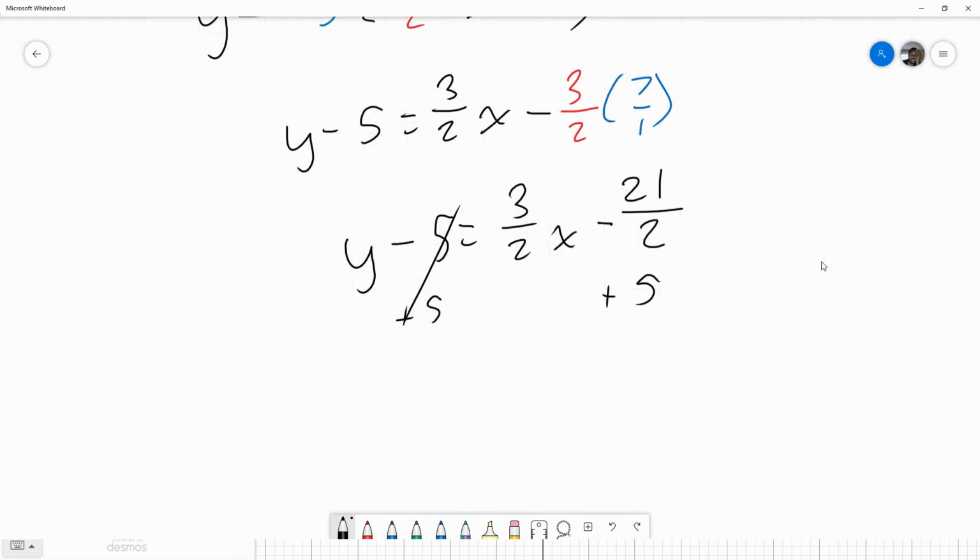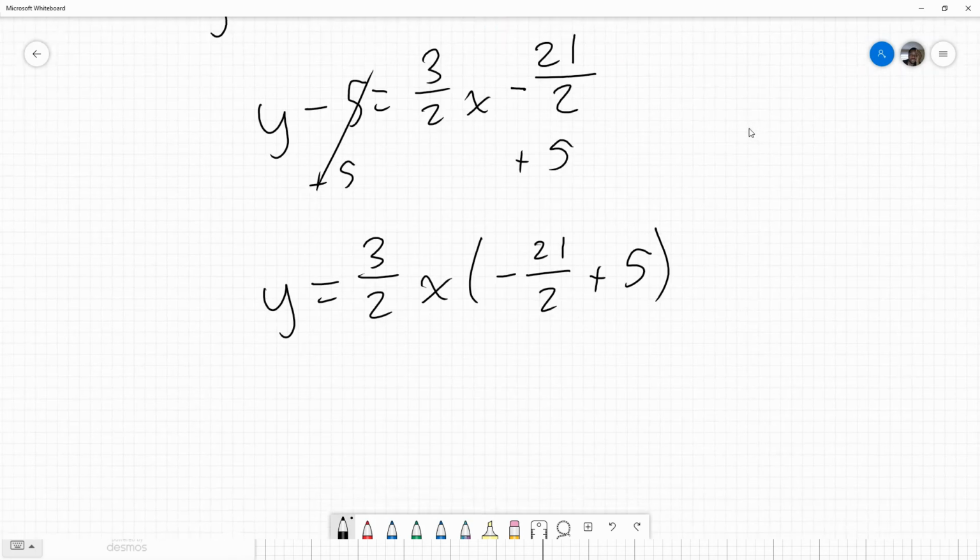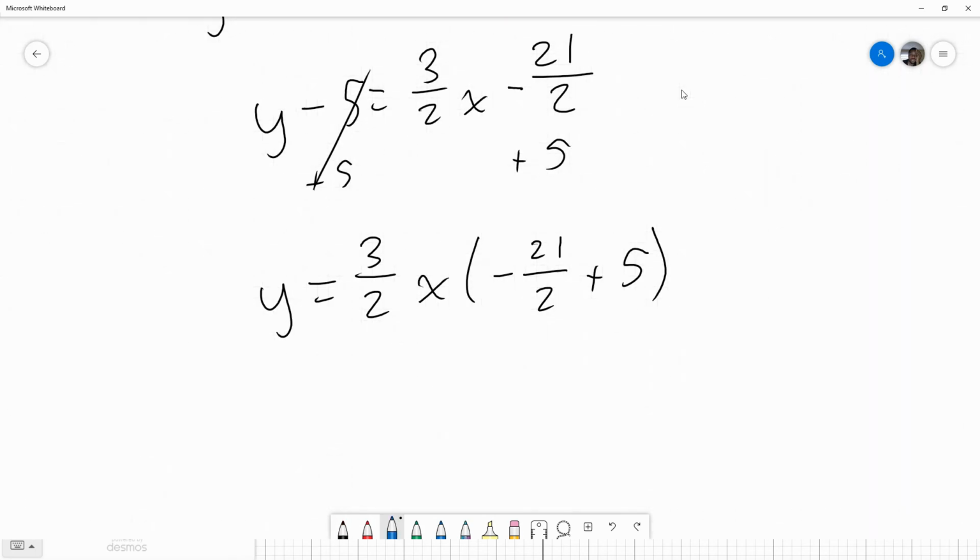So I have y equals 3/2 x. Now, I have a negative 21/2 plus 5. In order to do this properly, I need to go ahead and convert my 5 into halves. Well, I know that 1 times 2 equals 2, so 5 times 2 is 10.